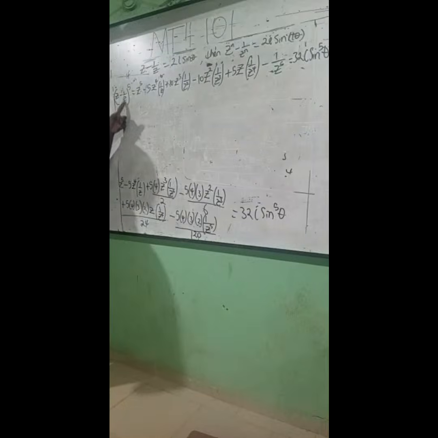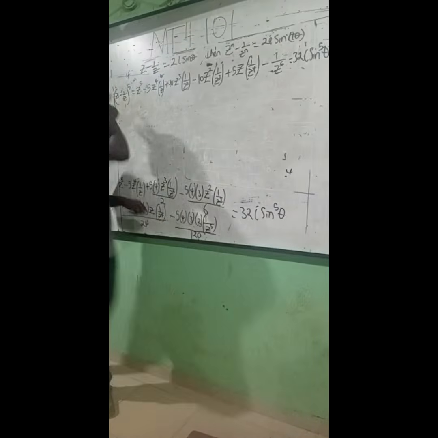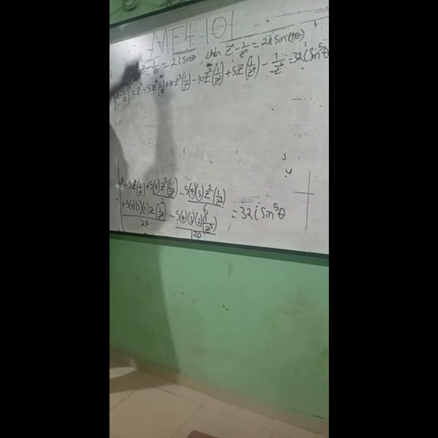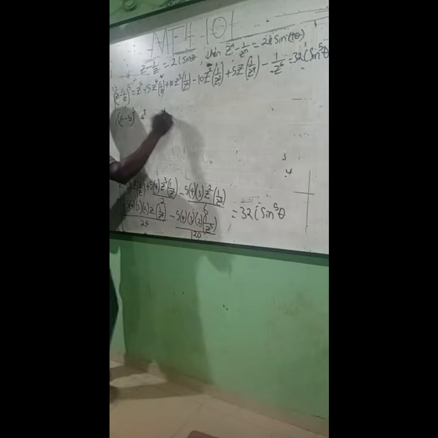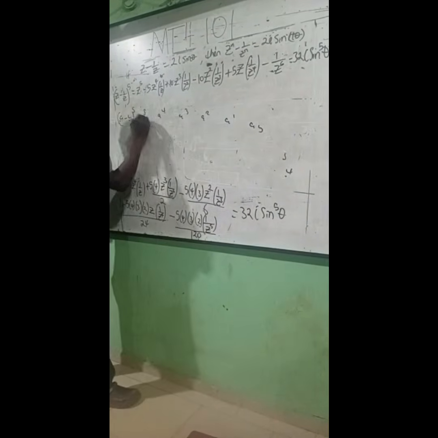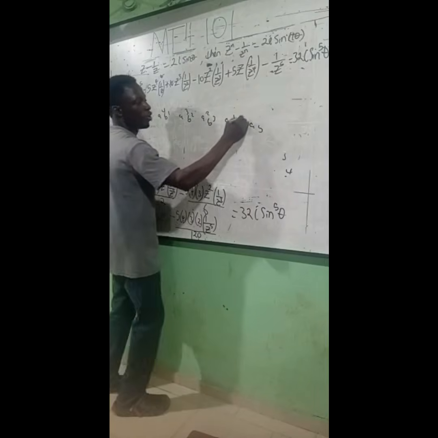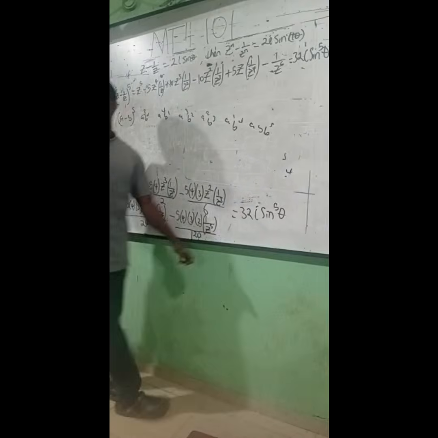This second one will be increasing. Here now, there's no second one, that means it's power of 1 here. So power of 1, power of 2, power of 3, power of 4, power of 5. This one will be reducing, this one will be increasing. Just like you have A minus B raised to power 5: A5, then A4, A3, A square, A1, A0. Then here you have B0, B1, B2, B3, B4, B5. Do you get?